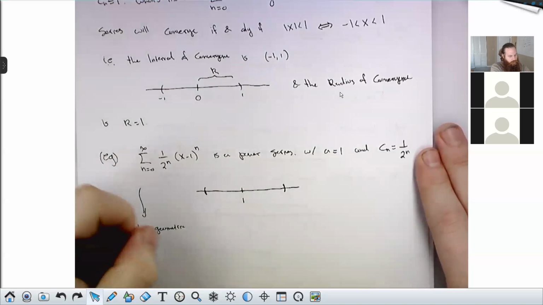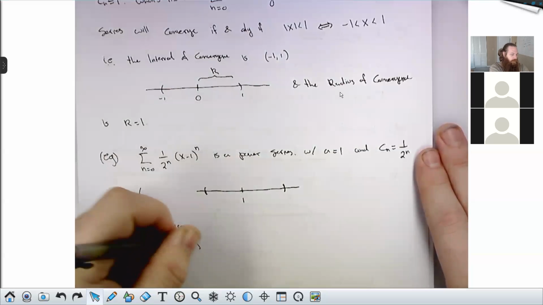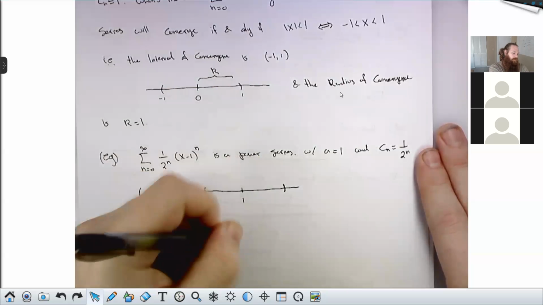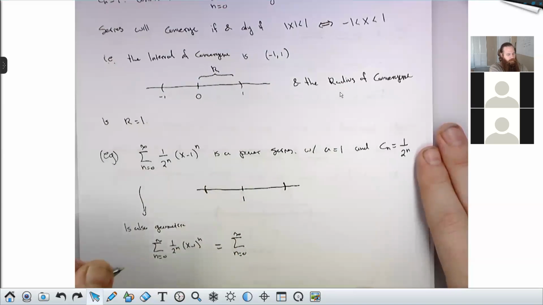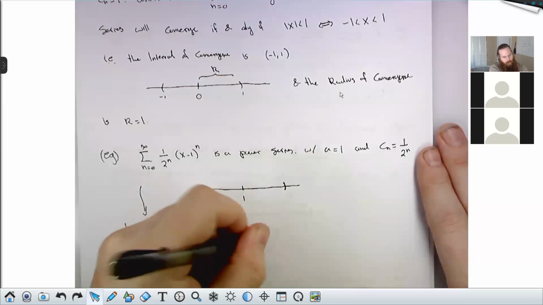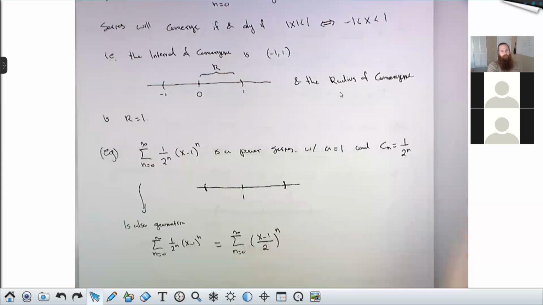I can treat this as sigma n from 0 to infinity of 1 over 2 to the n times (x minus 1) to the n. But just doing some algebra, that's the same as sigma n from 0 to infinity of ((x minus 1) over 2) all to the n.